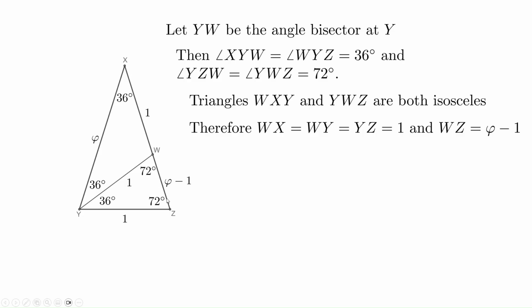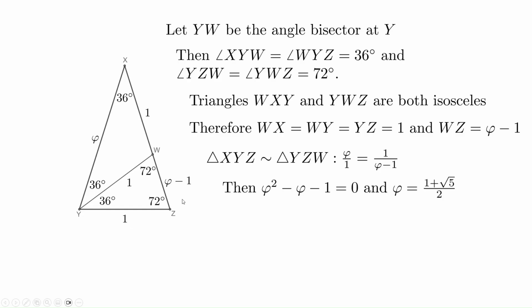Because XZ has side length phi, the remaining part WZ is phi minus 1. Now, we have two golden triangles, XYZ and YZW. They are similar. The similarity ratio can be calculated by leg to leg, that is phi to 1, or base to base, that is 1 to phi minus 1.